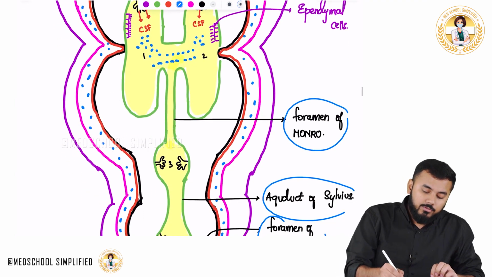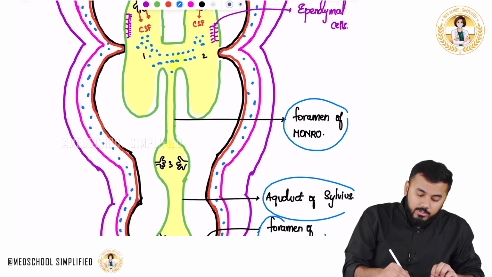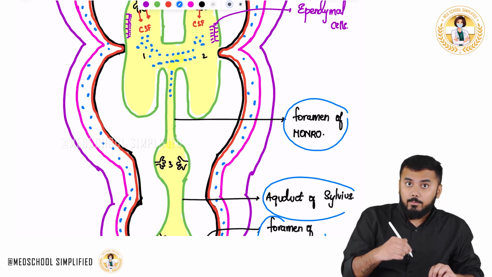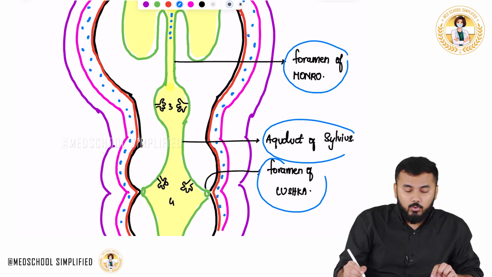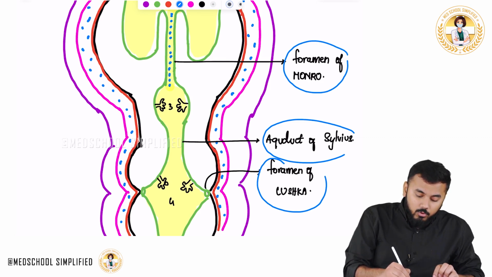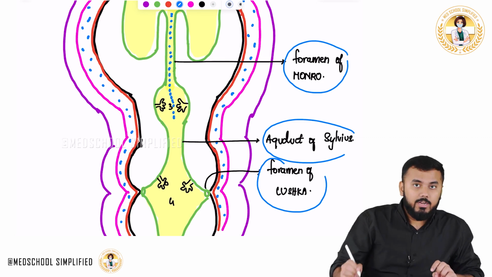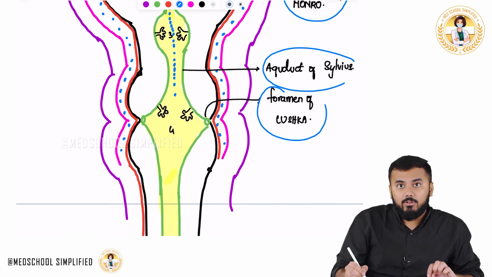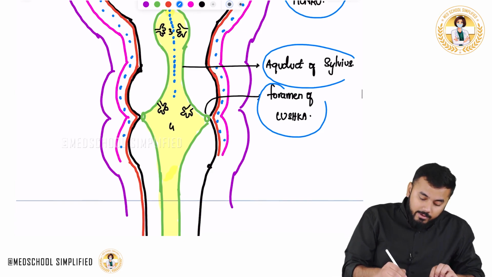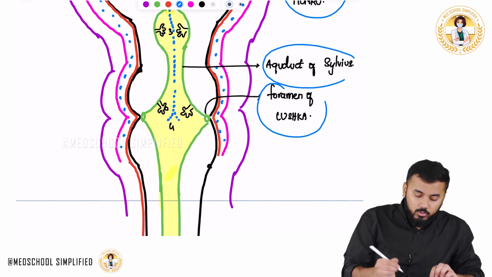And this CSF which is released by the choroid plexus, remember the pathway: from the lateral ventricles, it first enters the foramen of Monro, and from the foramen of Monro, it enters your third ventricle, and from the third ventricle, it enters your aqueduct of Sylvius, and from the aqueduct of Sylvius, it enters the fourth ventricle.